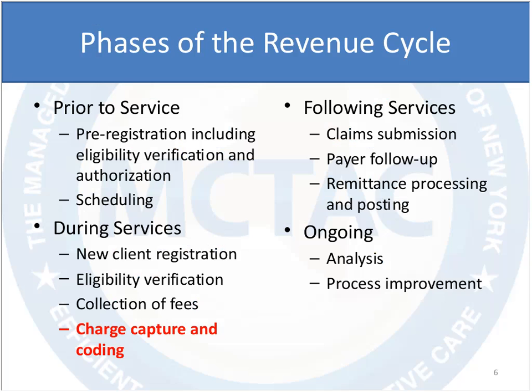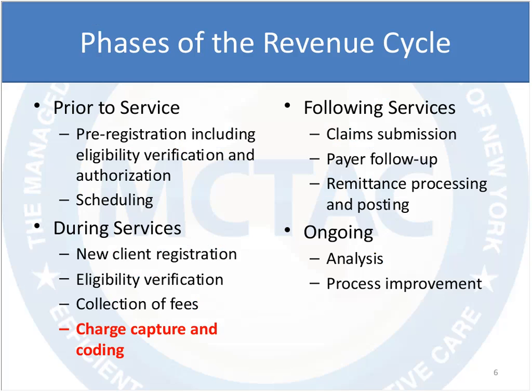One of the ways that we conceptualize the revenue cycle that we believe is helpful for people is that the activities occur in different stages. We have a set of activities around pre-registration and scheduling that occur prior to service.